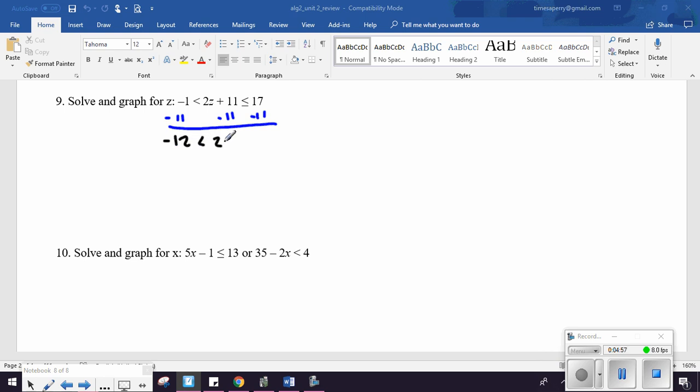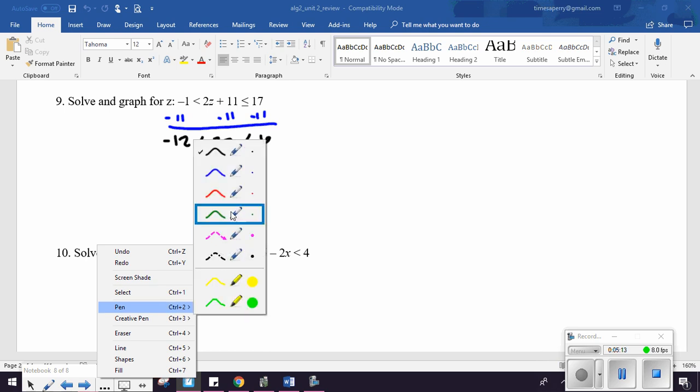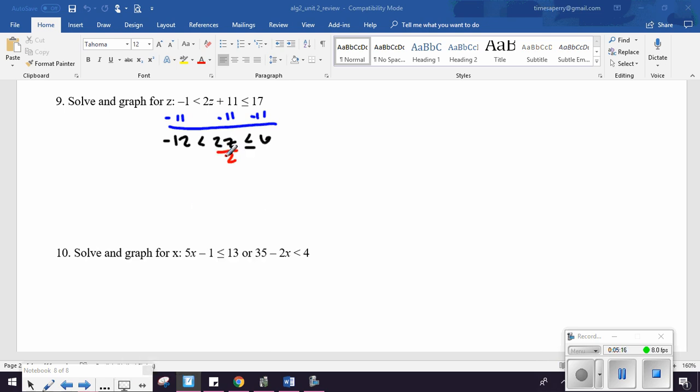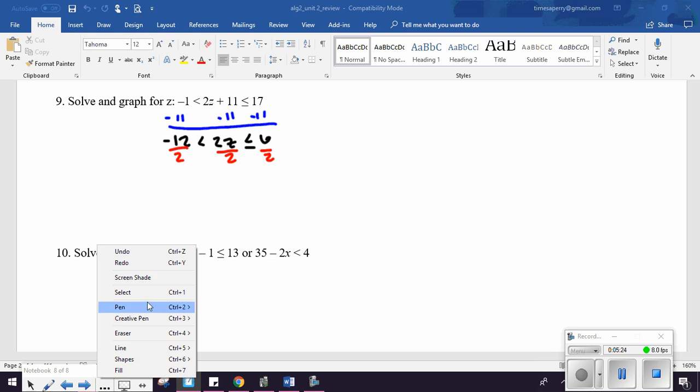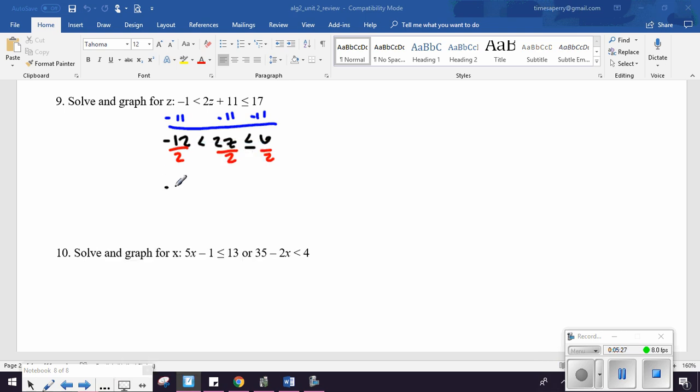Bring down the signs in the middle. And then we have 17 minus 11, which is 6. And lastly, we have to divide everything by 2 to get z by itself. So I would have negative 6 less than z less than or equal to 3. That is my solution set.